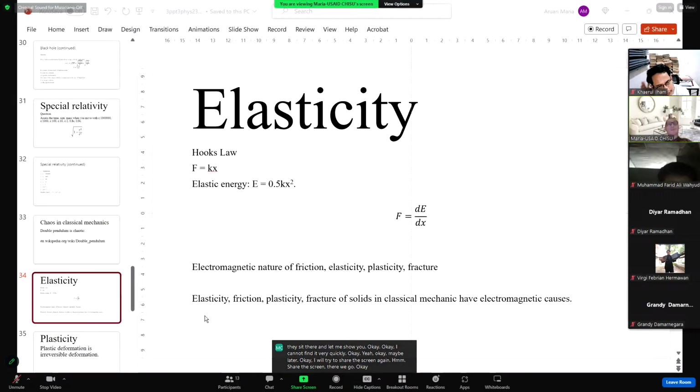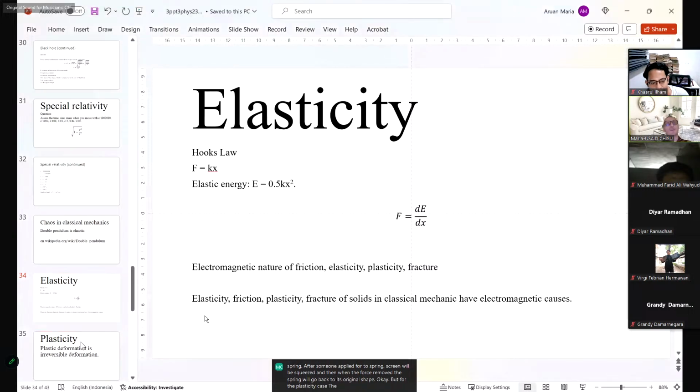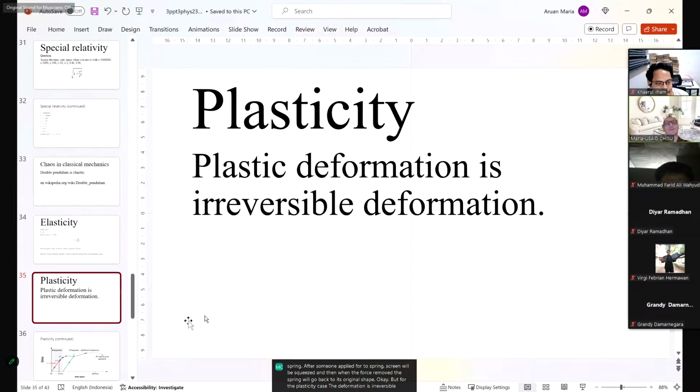Okay, elasticity, just like I said before, is the ability of a body to regain its original shape. Just like a spring, after someone applies force, the spring will be squeezed, and then when the force is removed, the spring will go back to its original shape. But for the plasticity case, the deformation is irreversible. Plasticity means that the body does not regain the original shape.